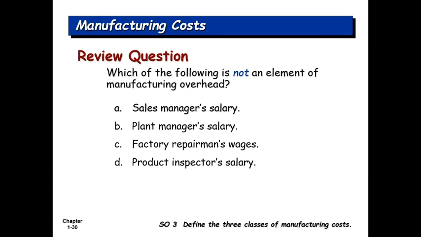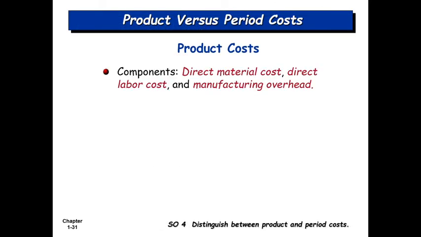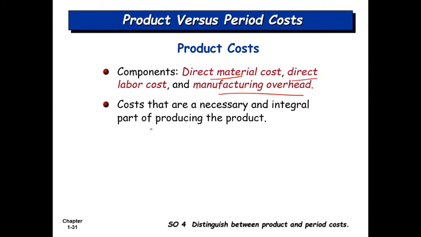Then, not an element of manufacturing overhead: sales manager. Product cost components: direct material cost, direct labor cost, manufacturing overhead. I already told you, costs that are necessary and an integral part of producing the product. So this is physically traceable.